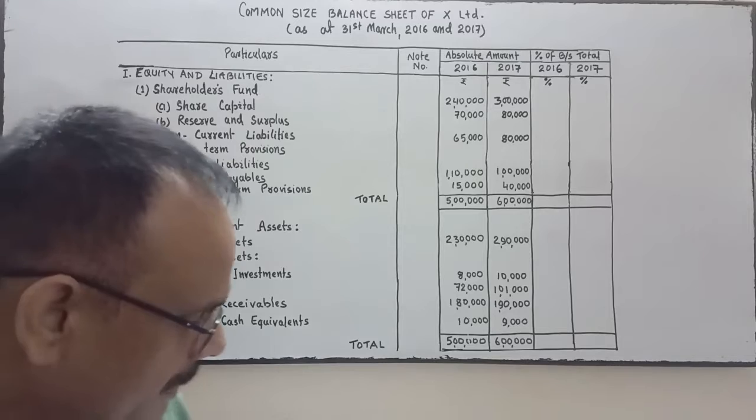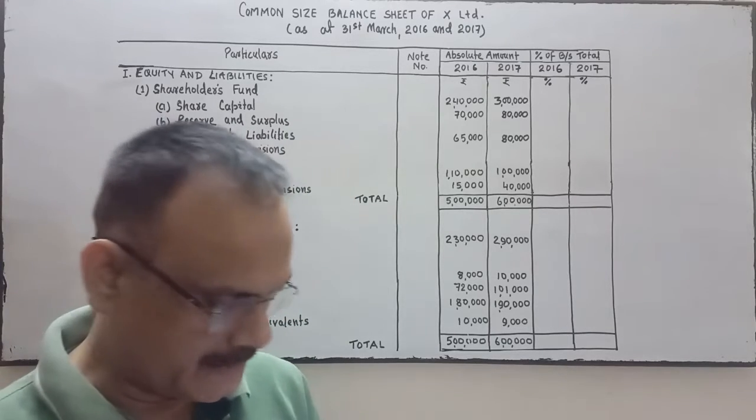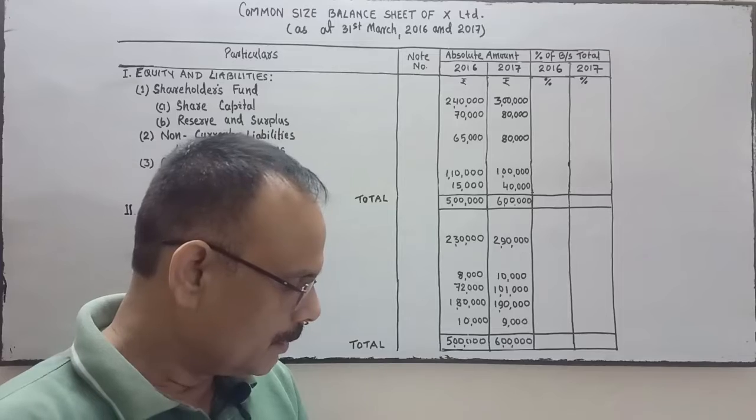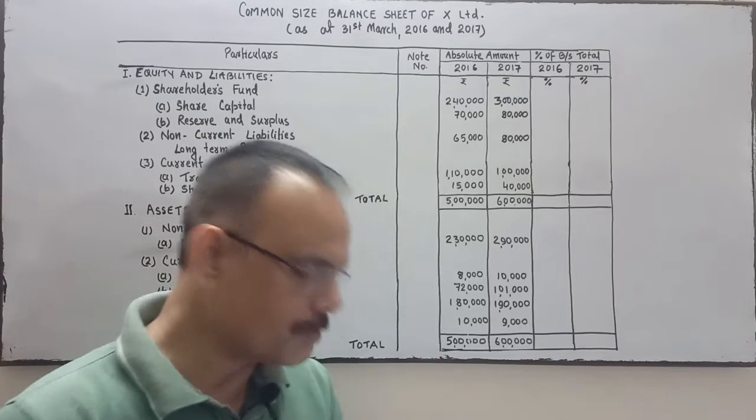Now see one question based on common size balance sheet. The following data is derived from the books of X Limited.